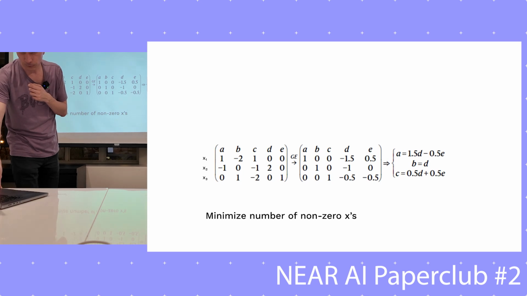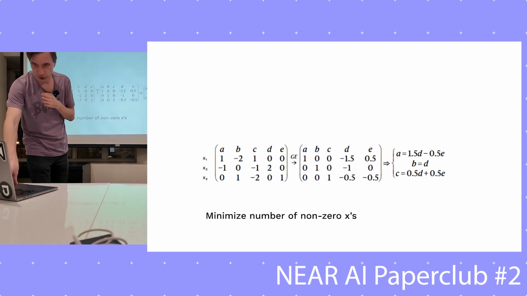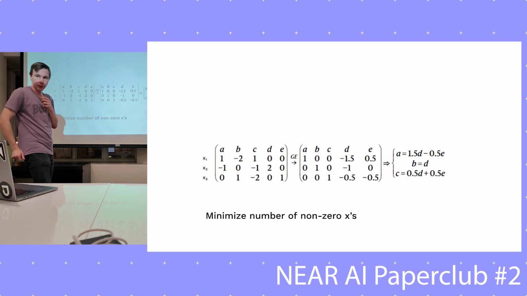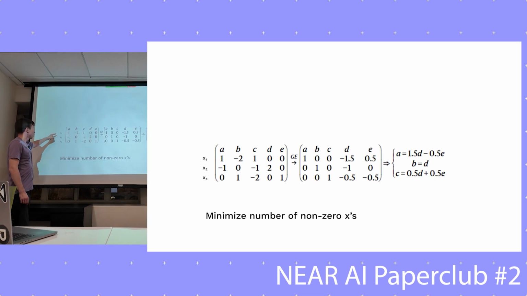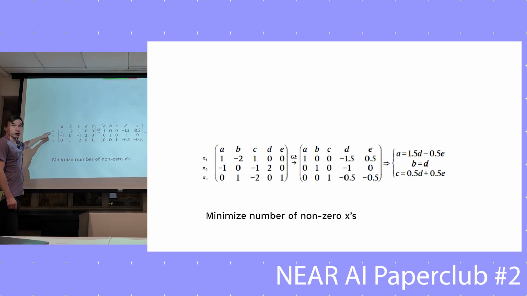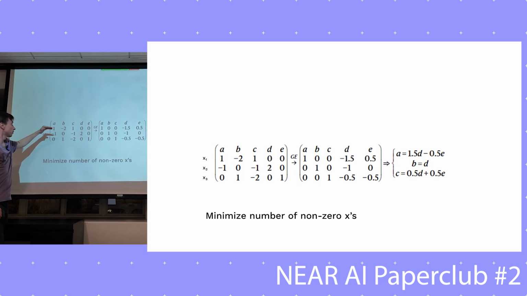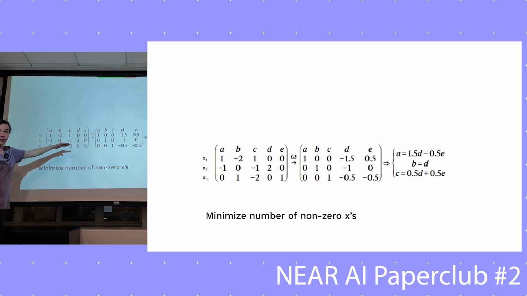The way they do that is they say, well, what we can do is present it as an attempt: in order to prove that B is equal to D, you get each of those rows of the matrix, multiply them by some coefficient, add them up, and you want to get the statement B is equal to D, right?